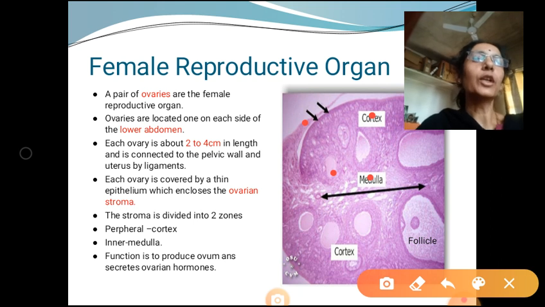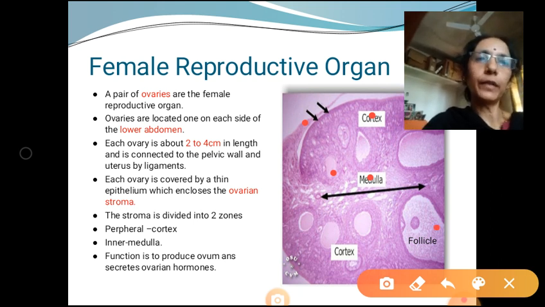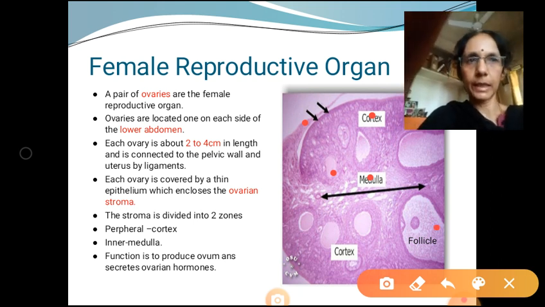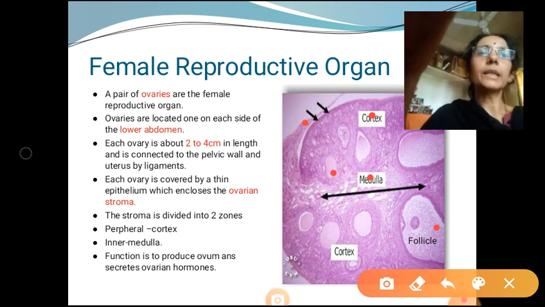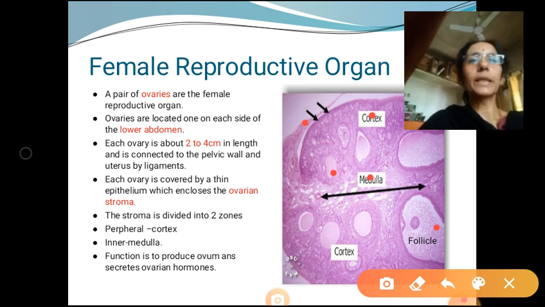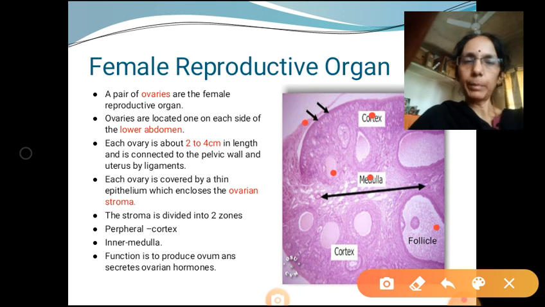Inside the ovary, follicles of different maturing stages, that is primary follicles, secondary follicles and tertiary follicles, are present. So ovaries are the female reproductive organ.